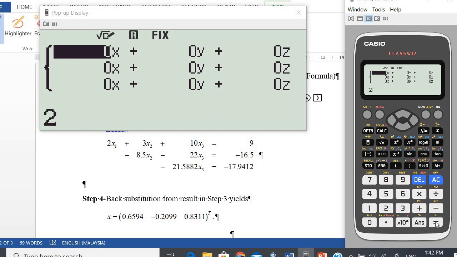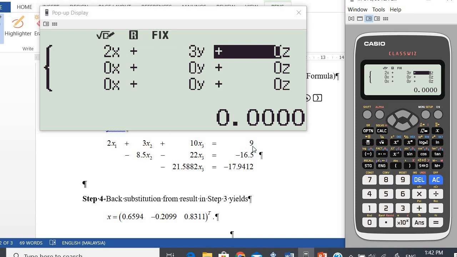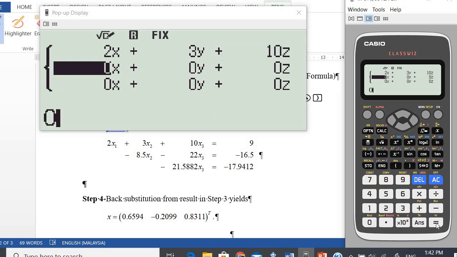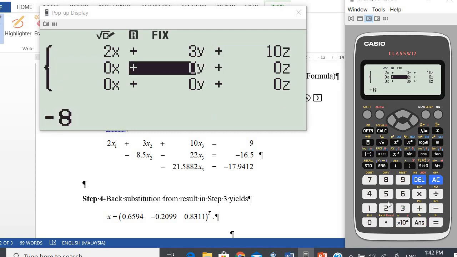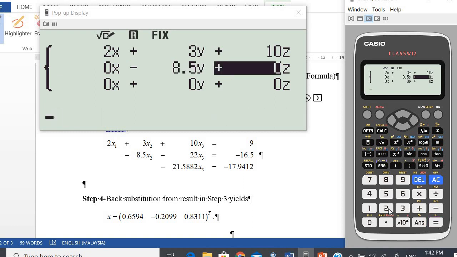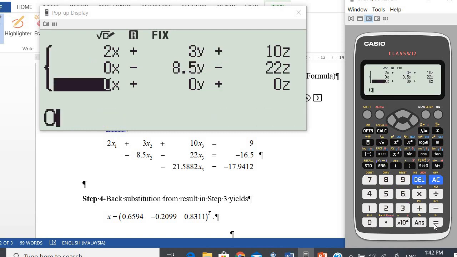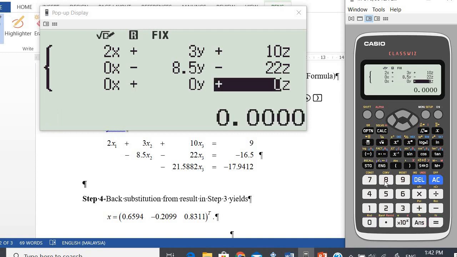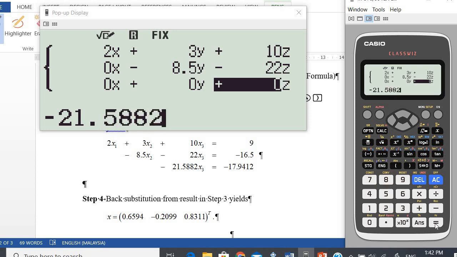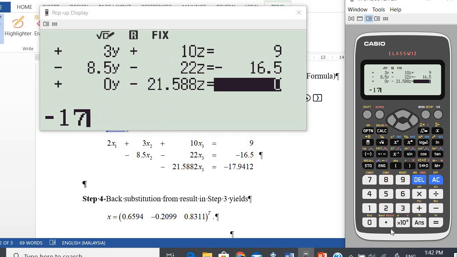Then plug in 2, 3, plug in the coefficients row by row: 10, 9, 0, negative 8.5, negative 22, negative 16.5, then 0, 0, negative 21.5882, negative 17.9412.